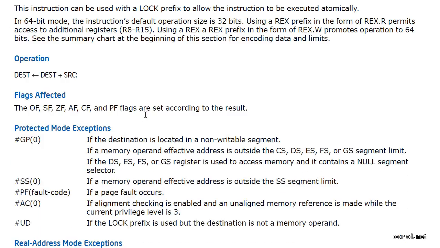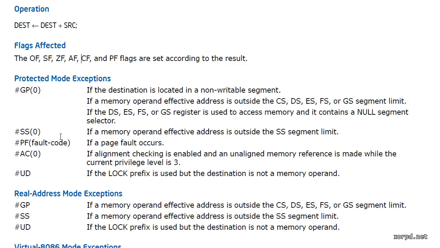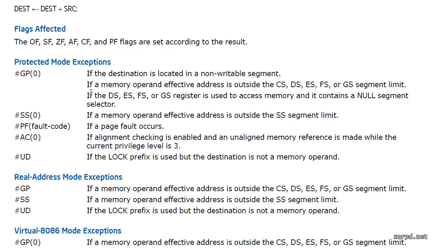The next section is about exceptions. Exceptions basically describe all the bad things that could happen when you invoke this instruction. And as you can see, there are some bad things that could happen. I don't want to deal with this at the moment, but I just want you to know that this part exists here.